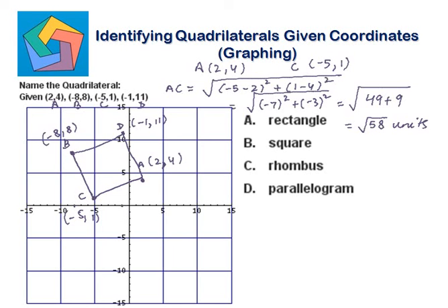Similarly, we can find the other side lengths and we will get AC is equal to CB is equal to BD is equal to DA is equal to square root 58 units.